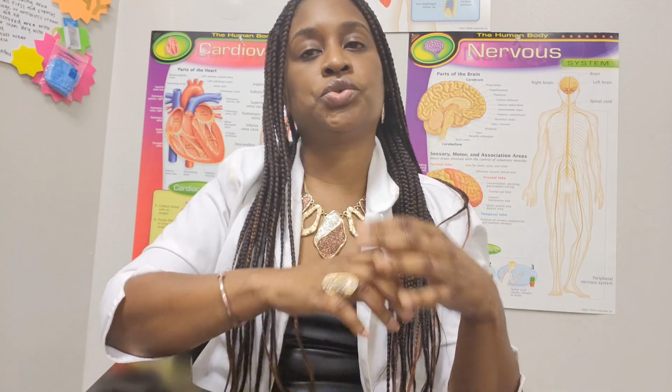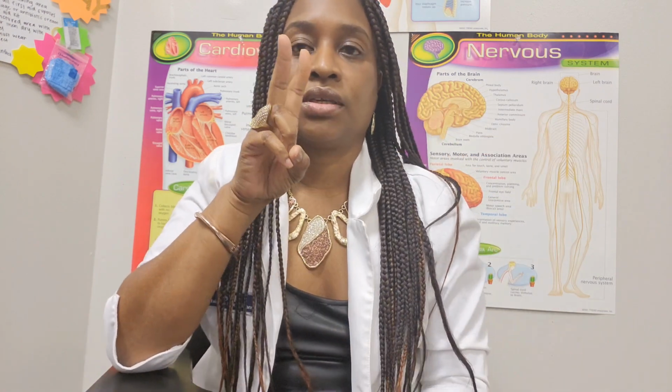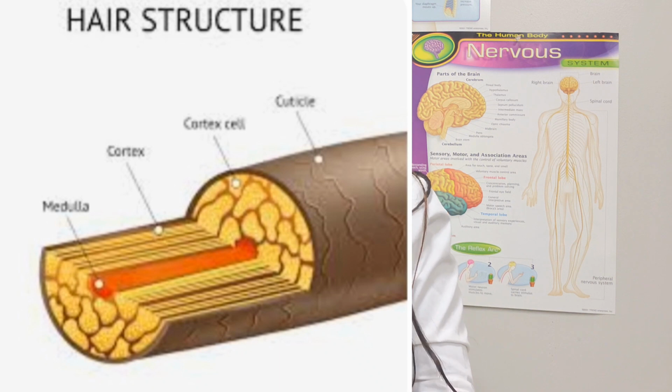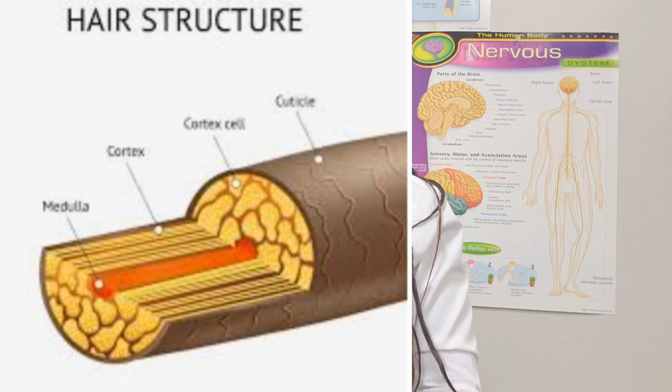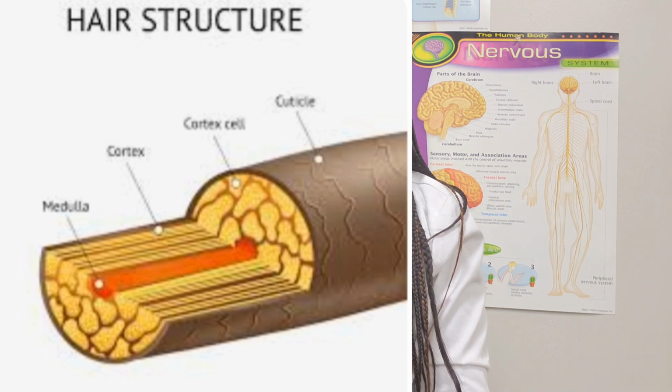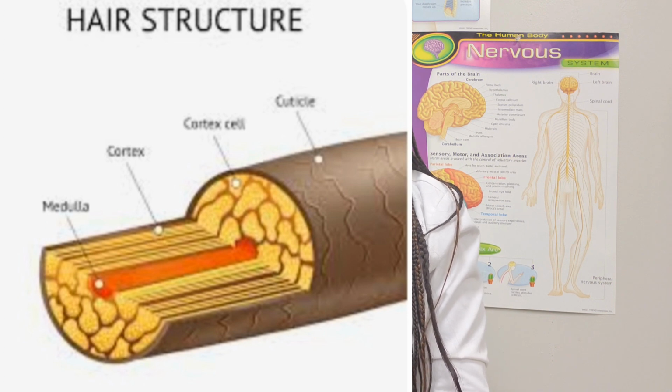Now let's go ahead to the cortex. The cortex is the second layer of your hair. And this layer is responsible for chemical reactions. So basically, once that cuticle layer is open by chemicals such as colors or relaxers, that cortex is where the chemical process is going to take place.